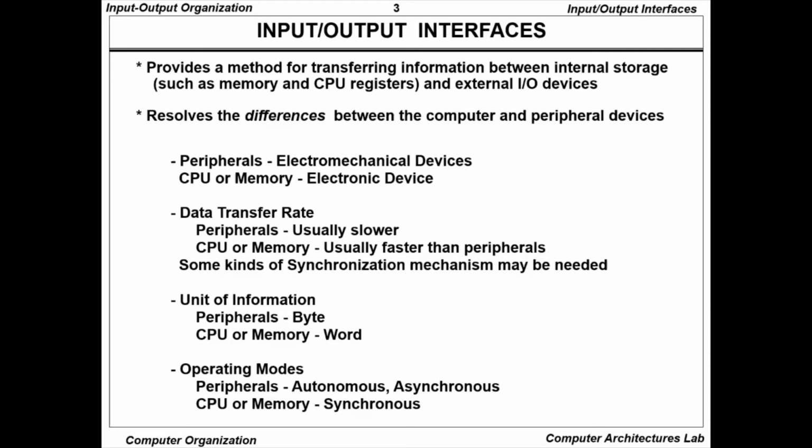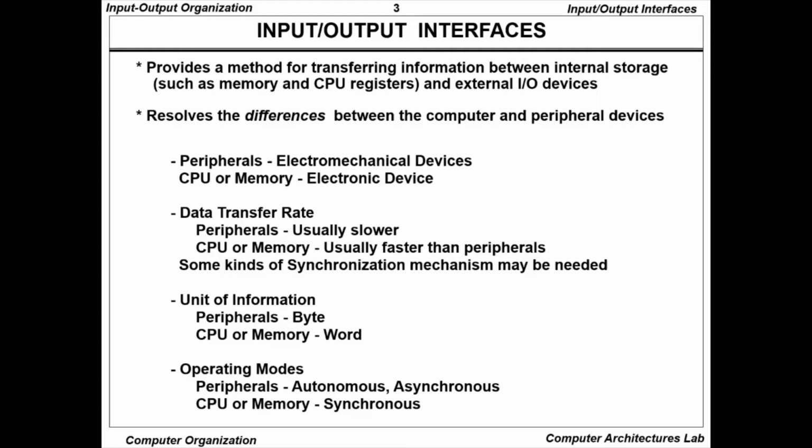So peripherals, as we already discussed, mostly input output, are called electromechanical devices. We need the support of electronics, and we need a mechanism to operate those electronic devices. That's why peripherals are called electromechanical devices. And we have another concept, that is electronic devices.